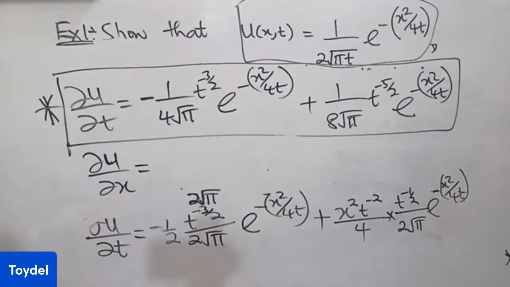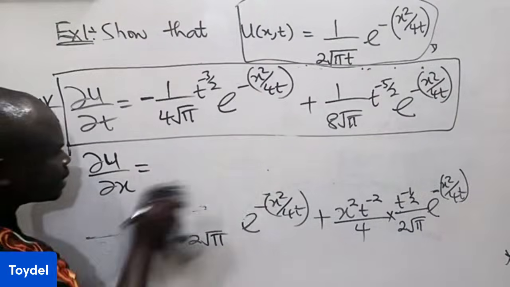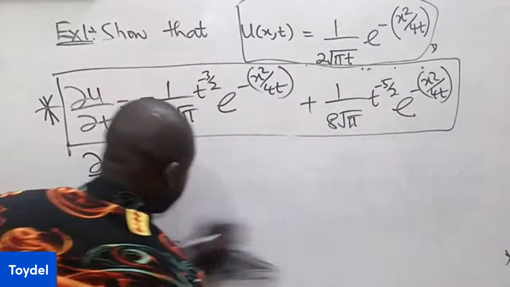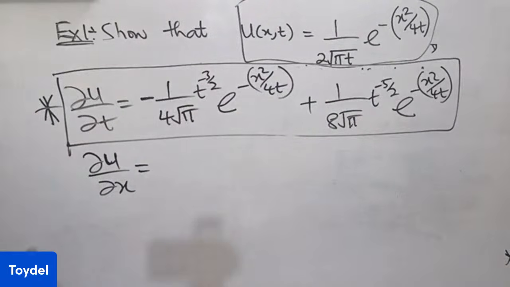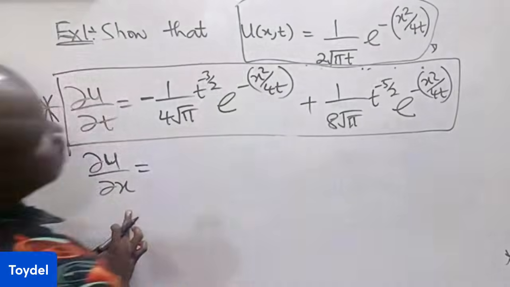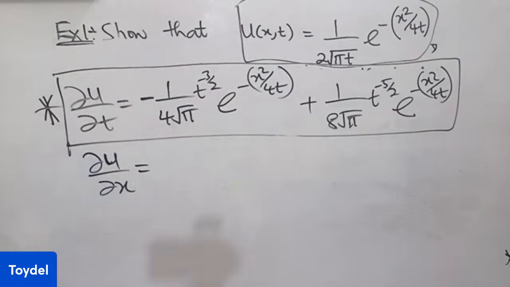So now let's go ahead and find di u all over di x. This is u. Now we are differentiating u with respect to x. So what do we do there?